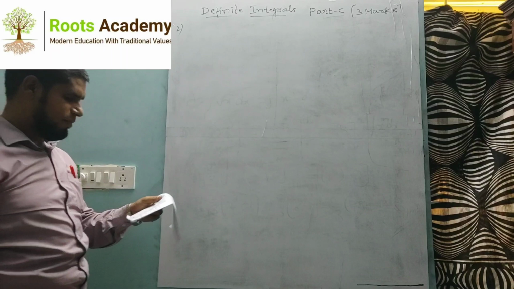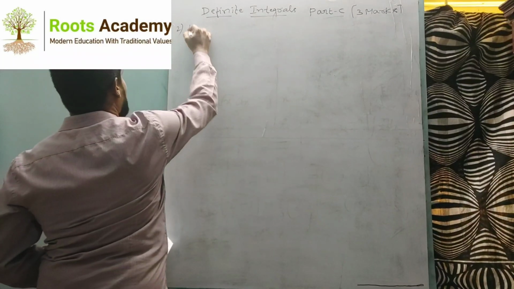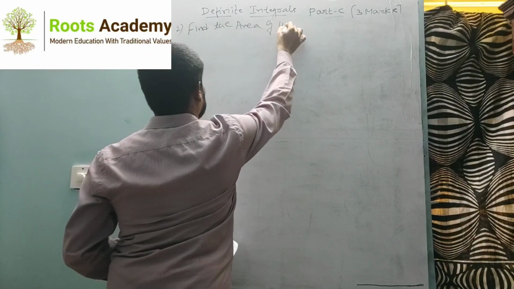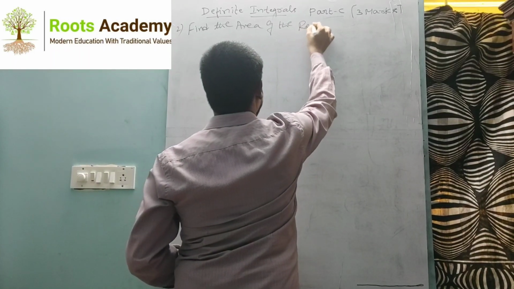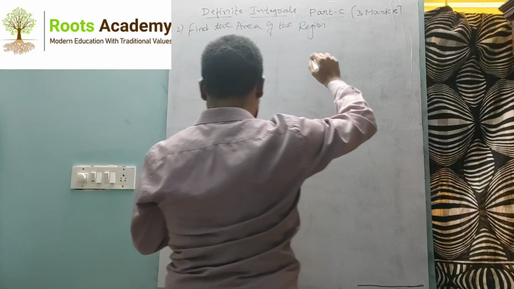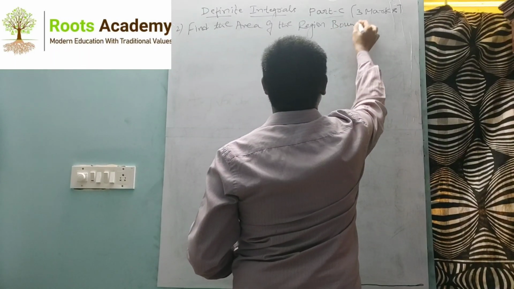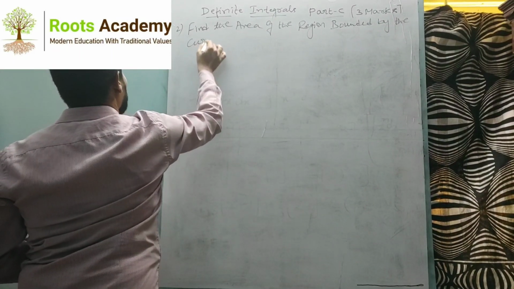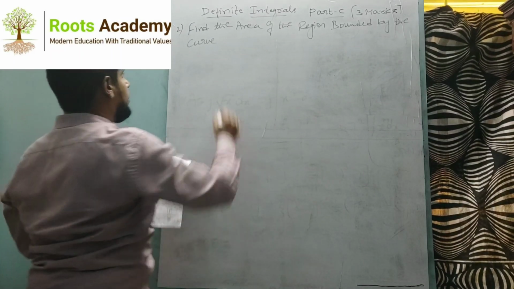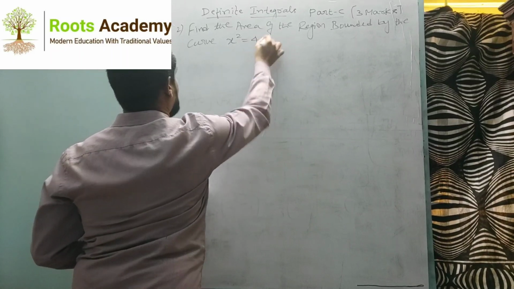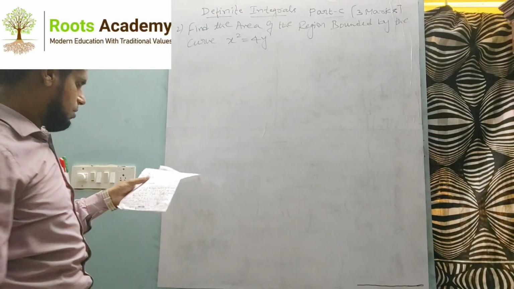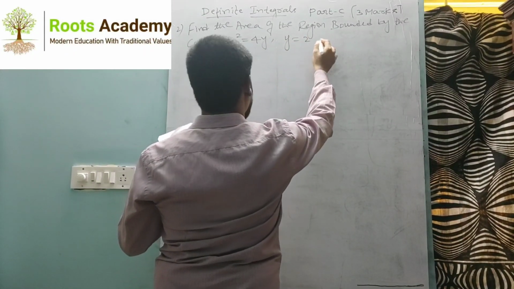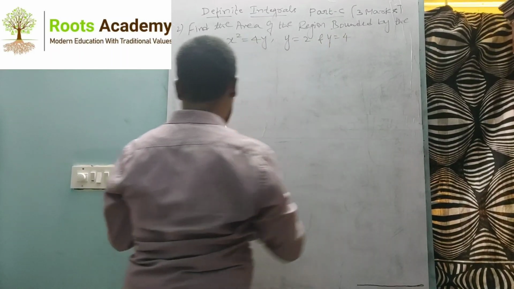Student, the second problem here is: find the area of the region bounded by the curve x square is equal to 4y, y is equal to 2 and y is equal to 4.